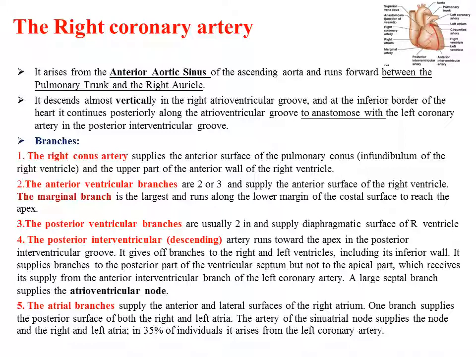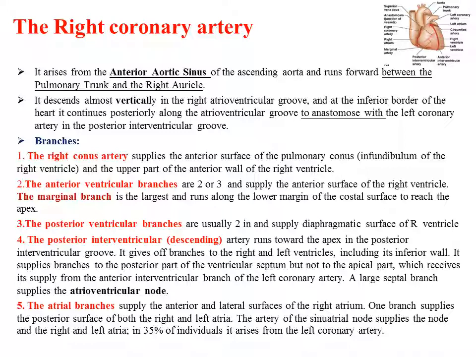And by the way, if the branches of the coronary artery supplying part of the conducting system of the heart are infarcted, or their blood supply is jeopardized, it might cause some sort of arrhythmia in the patient who has an obstruction of the right coronary artery. You know, both sides could be affected, but specifically on the right side, arrhythmias could be more.